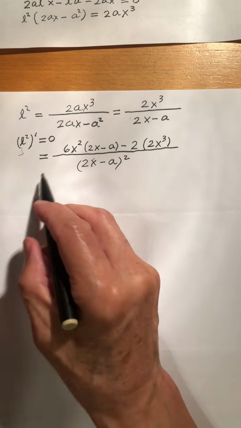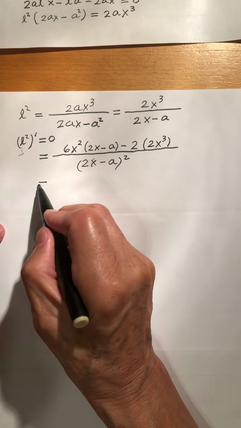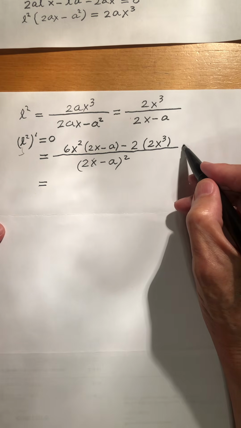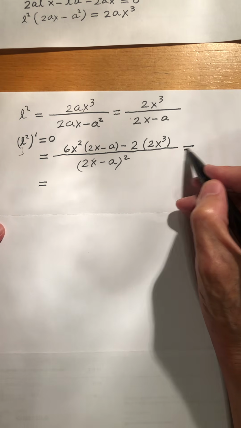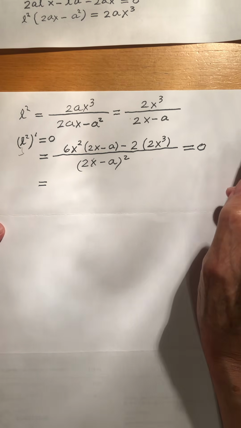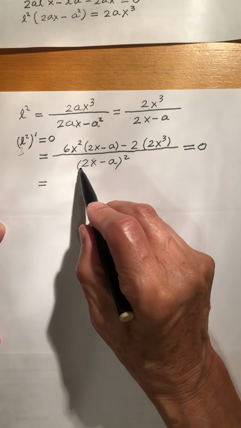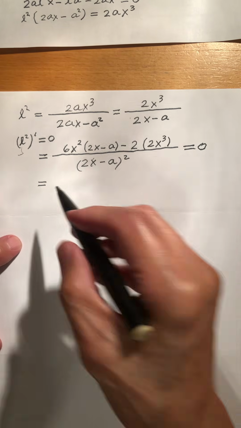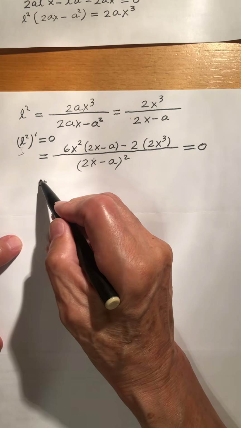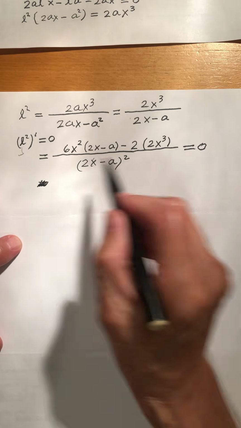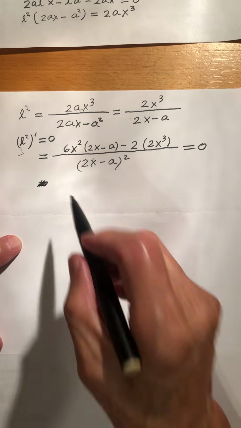All right. Okay, this has to be 0 now. Because this is 0, I don't need to consider the denominator. I don't need to continue the equal sign, I just let the numerator be 0.